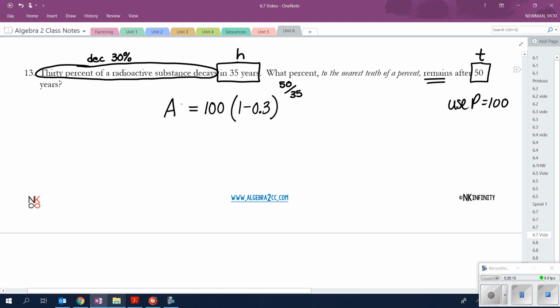This way, when we get our answer, it is already in percent mode. I don't have to go back and calculate out of the initial amount. So, A equals 100 times 0.7 to the 50 out of 35, to the nearest tenth of a percent.